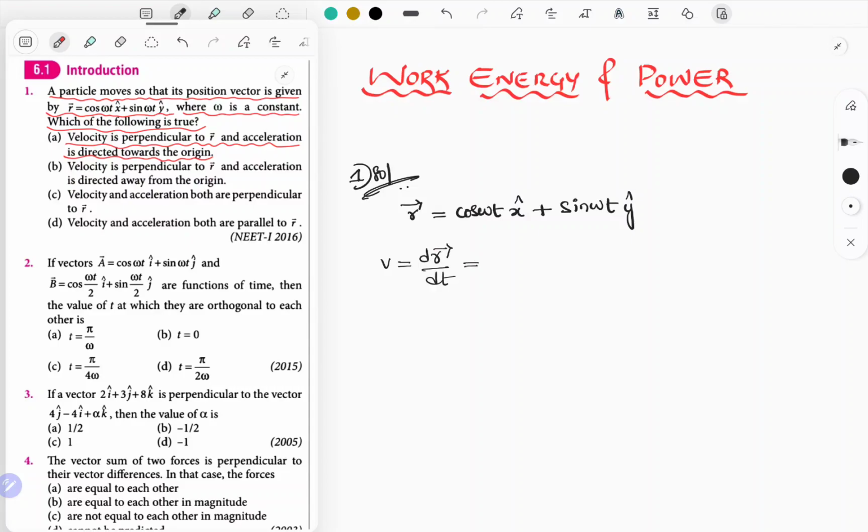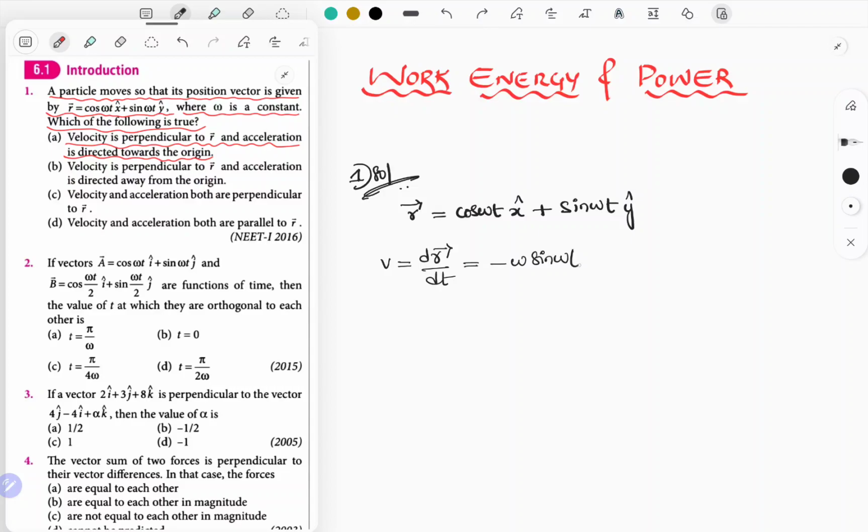What's the differentiation of cos omega t? It is minus omega sin omega t, because we are differentiating with respect to t, not with respect to omega t. If you are differentiating with respect to omega t, then the answer is going to be only sin omega t. As you are differentiating with respect to t alone, you are going to get one more constant, that is omega.